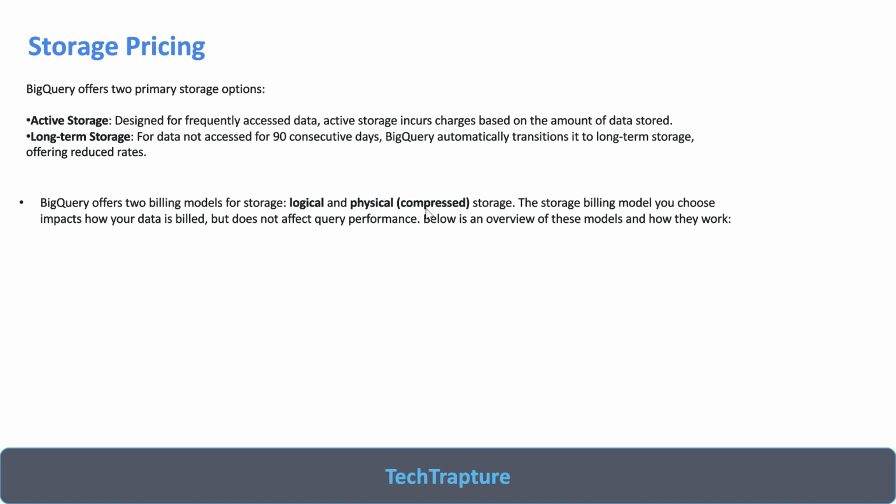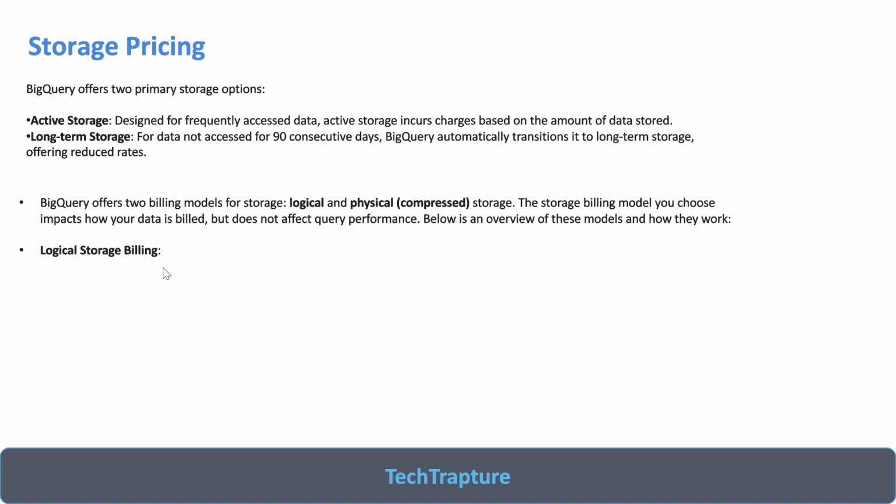Logical is your total size of the data, and you can choose the billing model if you want logical or physical, but you should first understand which will give you more benefit. For each of the tables you will see what is the logical size of your data when it is stored, and what is the physical size of your data when it is compressed and stored. I will show you that.